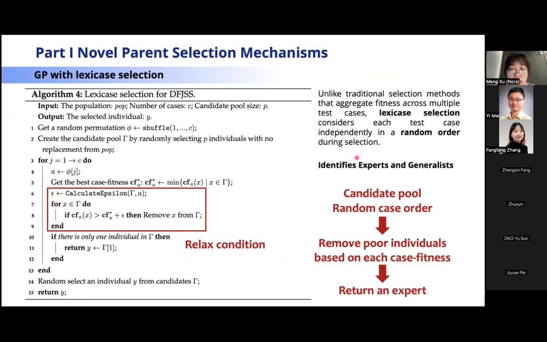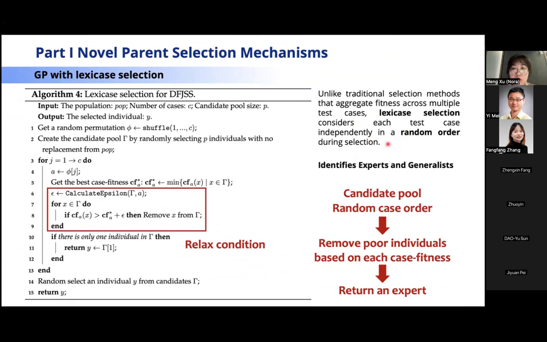So, unlike traditional selection methods that aggregate fitness across multiple test cases or from the whole scheduling instance, lexicase selection will consider each test case independently in a random order during selection.